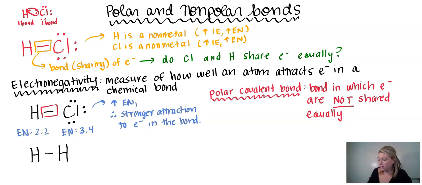So I would liken the HCl bond to maybe me and my older sister sharing a candy bar, but H versus H might be more like identical twins sharing a candy bar. So our electronegativity value is 2.2, and our electronegativity value is 2.2, and because they have equal electronegativity values, there is an equal sharing of electrons, and they share them perfectly equal.